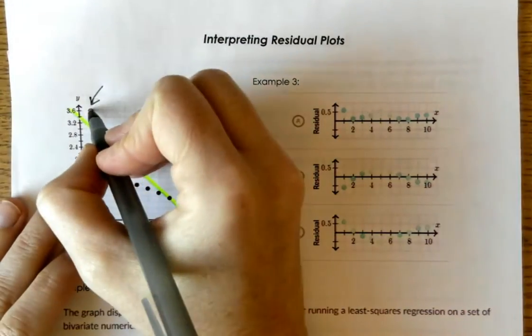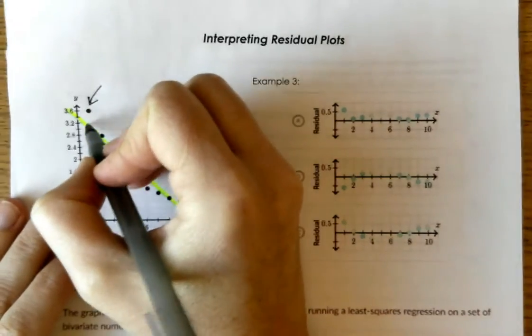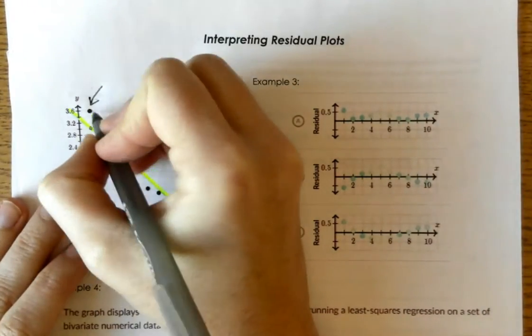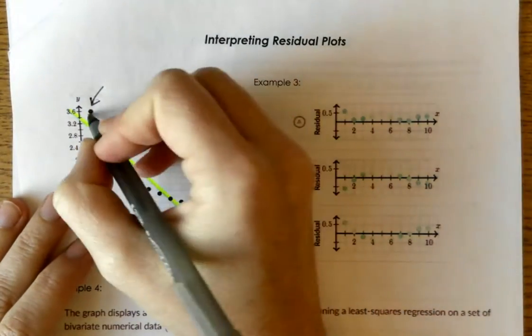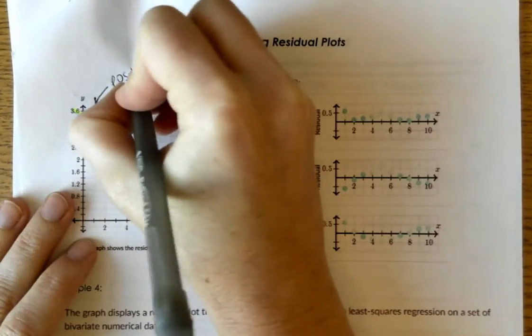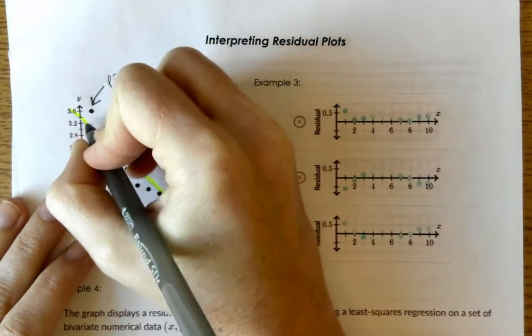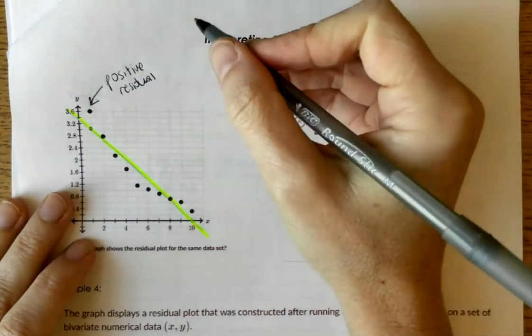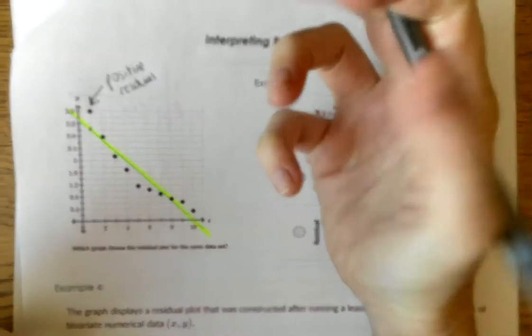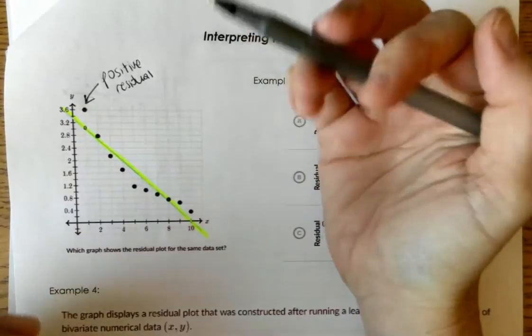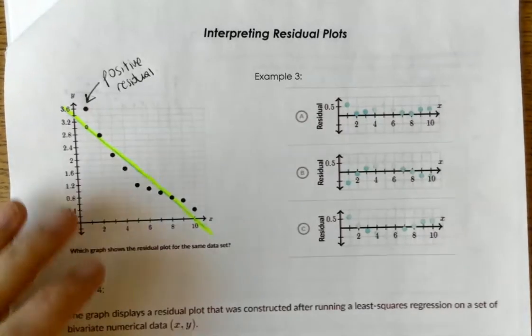It looks like our actual was bigger than our prediction, right? This is our prediction right here, and this is our actual. So this would have a positive residual because actual is larger than predicted, so a bigger number minus a smaller number gives me a positive.